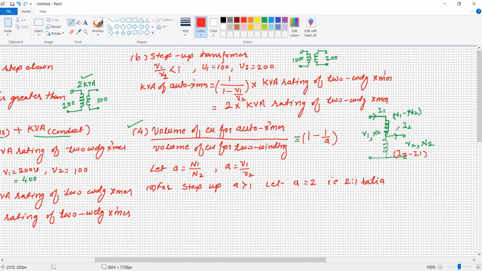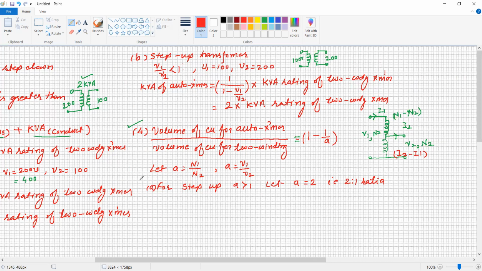So there is a saving of iron material, there is a saving in the copper material. Definitely, when there is a saving in iron and copper material, there is a reduction in iron losses and copper losses. Hence, the efficiency of auto transformer is slightly greater than the 2 winding transformer. No doubt, we are comparing at equal KVA rating of the transformer.